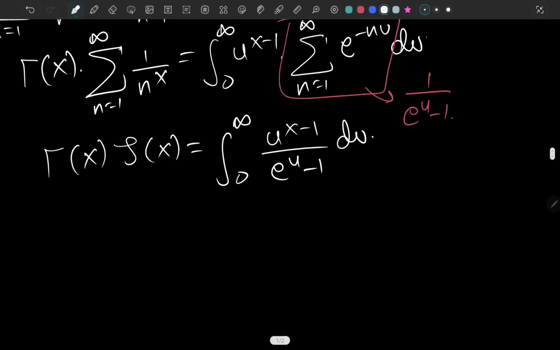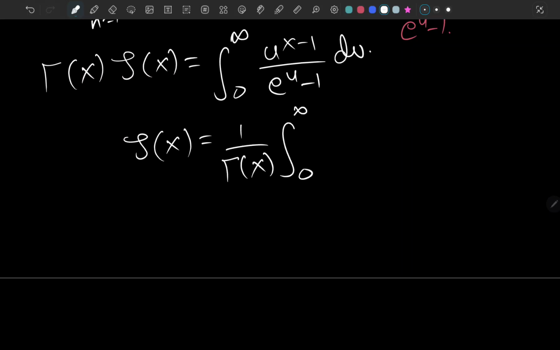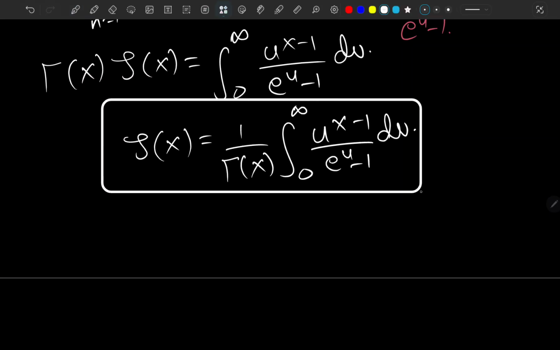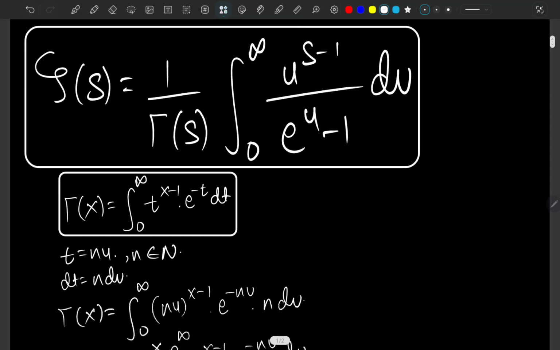So hence we are done with this. Riemann zeta of x equals 1 over gamma of x times the integral from 0 to infinity of u to the x minus 1 over e to the u minus 1 du. Hence proved, guys. That was pretty straightforward.